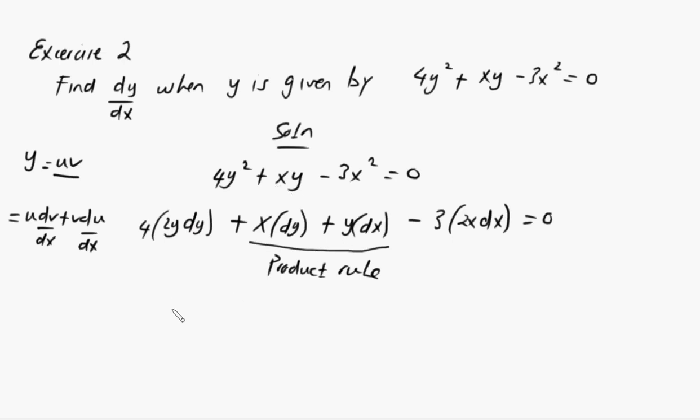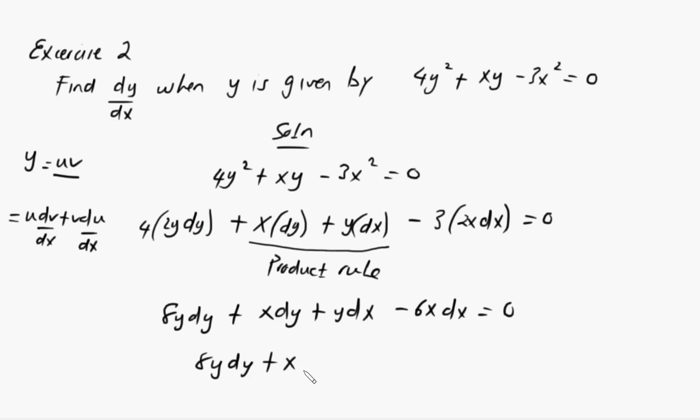So this one now becomes 8y dy plus x dy plus y dx minus 6x dx is equal to 0. So we put the dy terms on one side, which gives 8y dy plus x dy, and the dx terms on the other side, which gives 6x dx minus y dx.